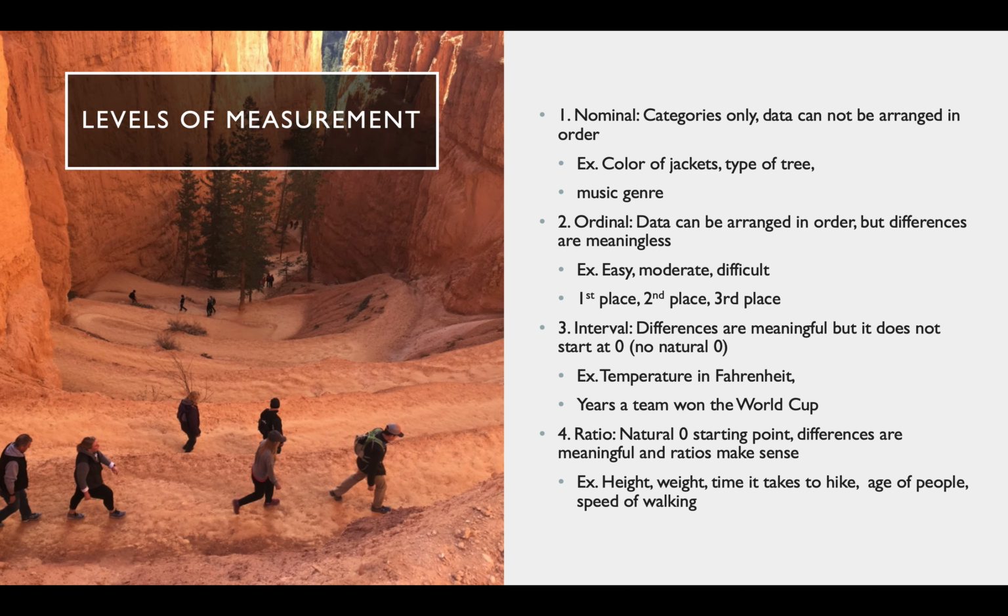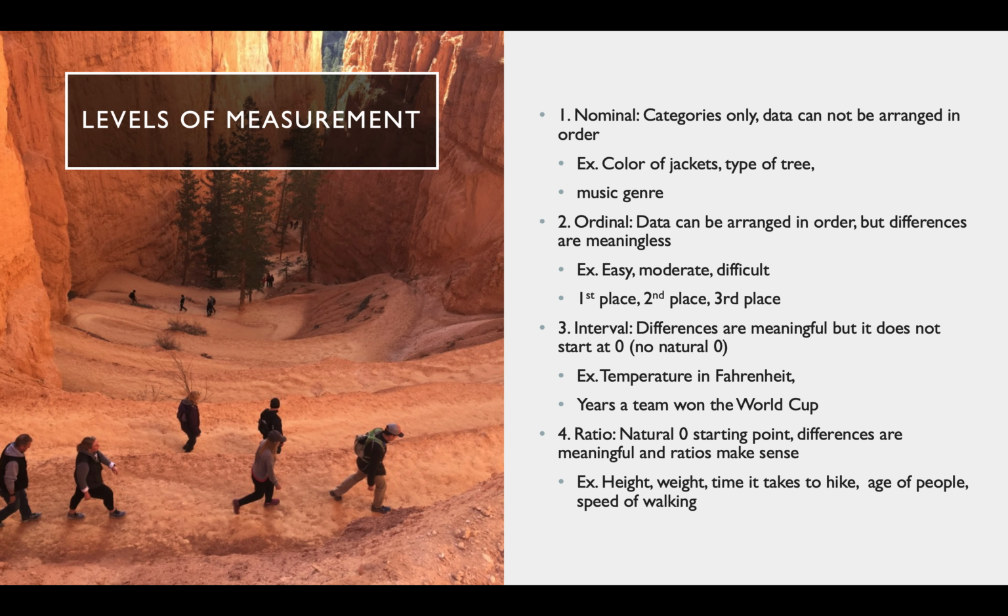So the last thing we're going to talk about is levels of measurement, and these are the ones that students often get confused. The first one is nominal. Nominal is categories only, and the data cannot be arranged in any order. For example, in this picture, the color of the people's jackets. You can't arrange black and blue and gray in any order.